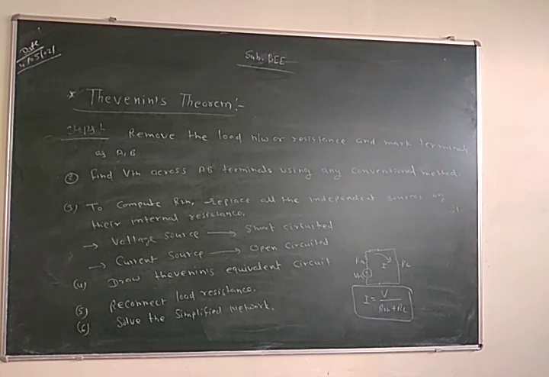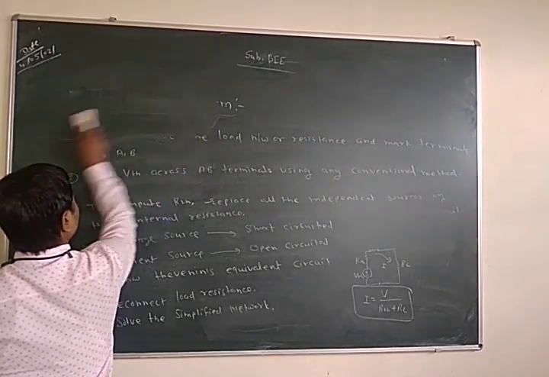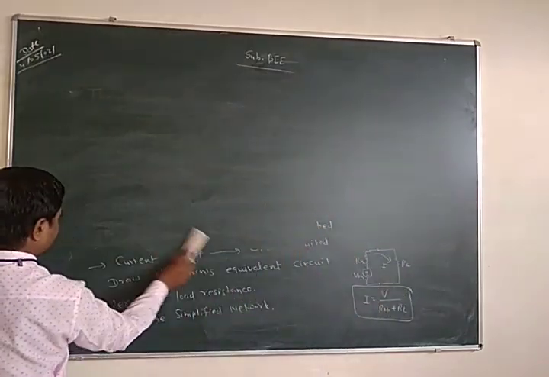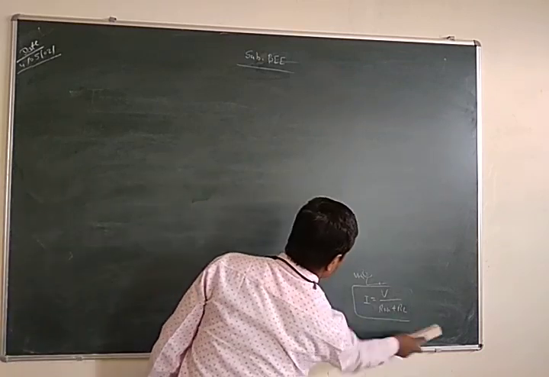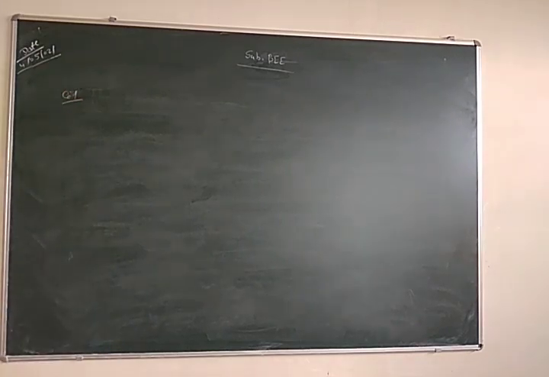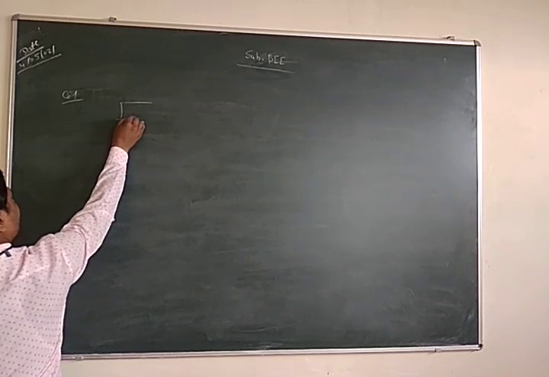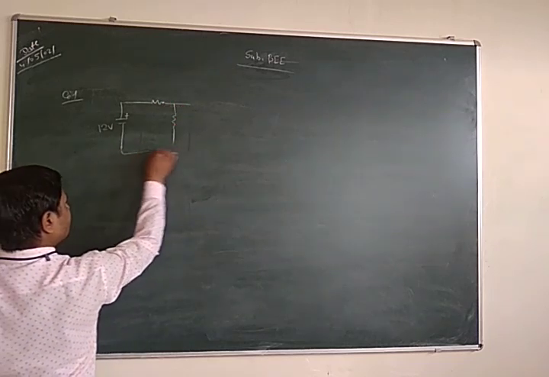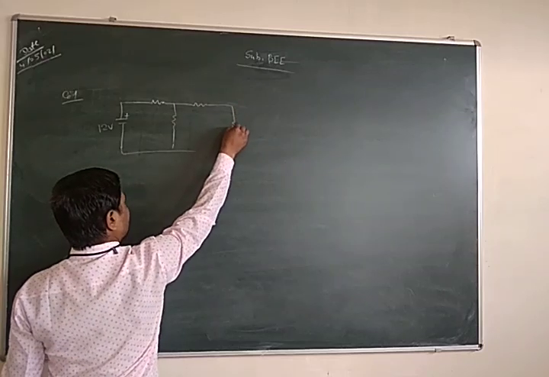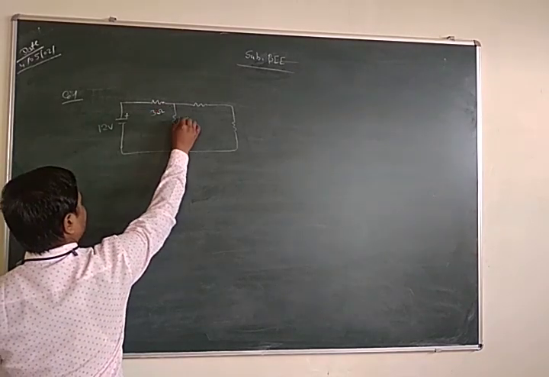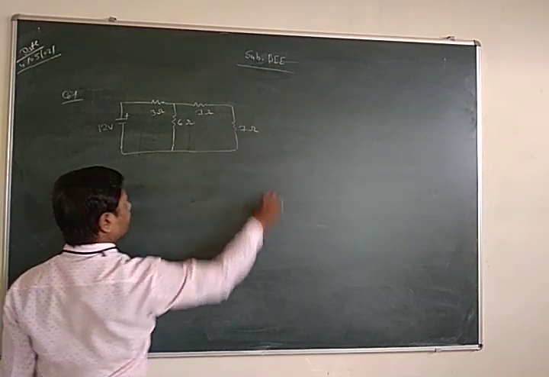Next, we take an example. The question is: there is a network which consists of a voltage source of 12 volt, and resistances 3 ohm, 6 ohm, 7 ohm and 7 ohm.